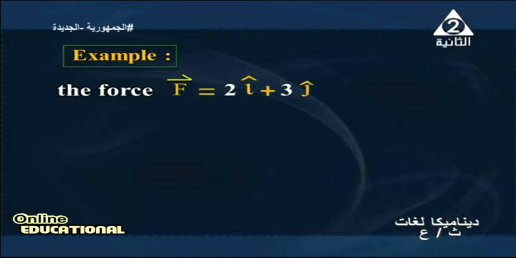Another example: the force F equals 2i plus 3j. Vector F equals 2 in the positive direction of the x-axis plus 3 units in the positive direction of the y-axis.